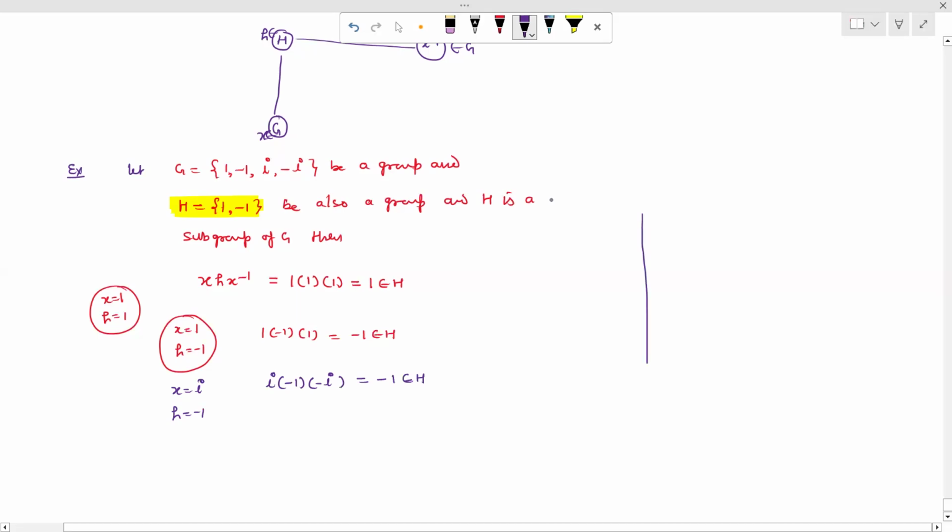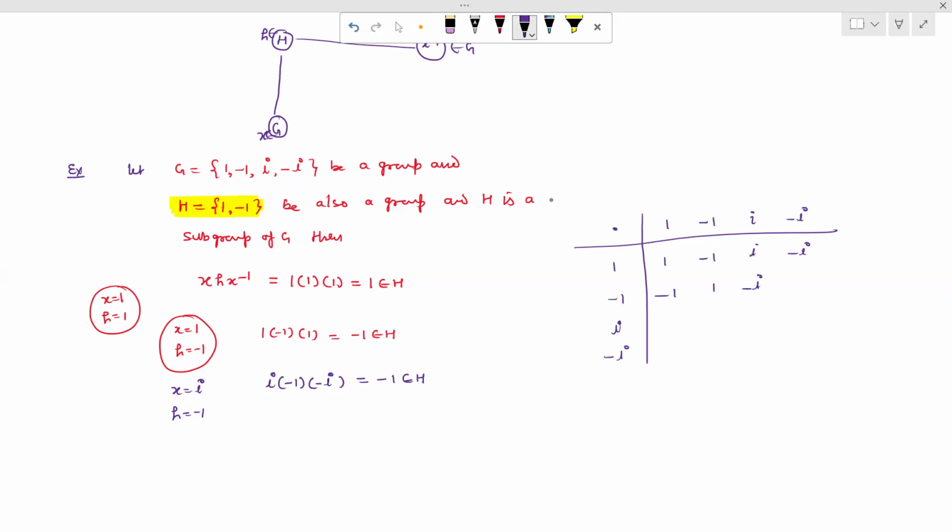Okay, so we make a composition table for calculating the inverse: 1, -1, iota, -iota. When we do the product, 1 times -1 gives -1, and iota times -iota gives minus iota square, and iota square equal to -1 means plus 1.